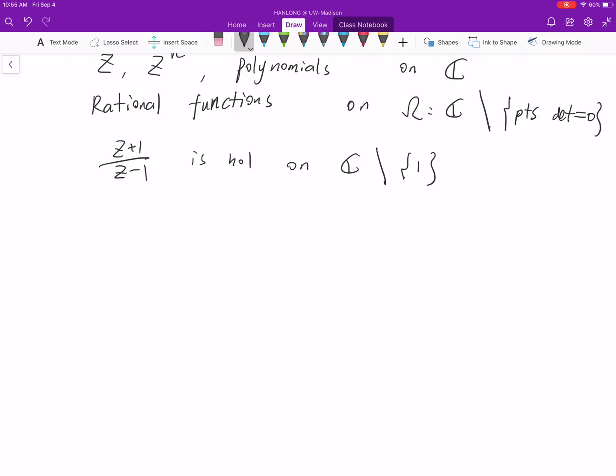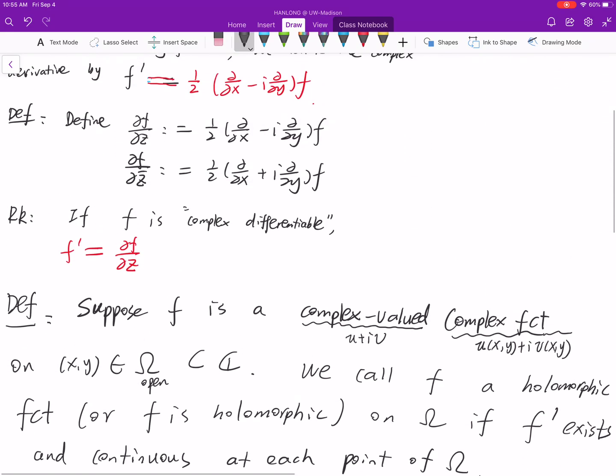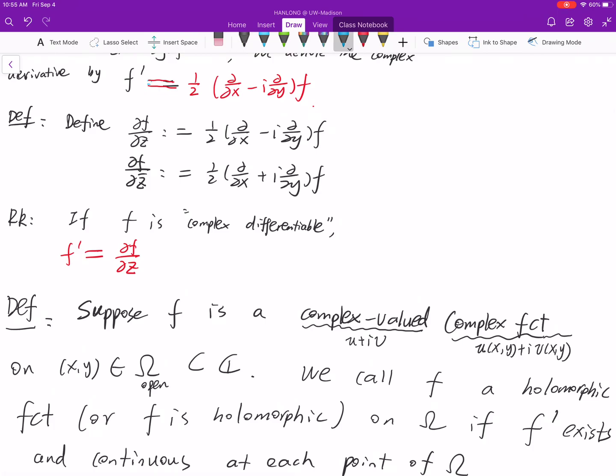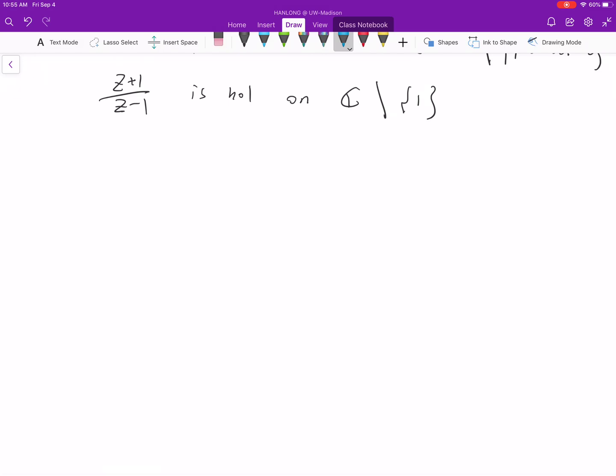Okay, and here we will see the advantage of the definition and the criterion we gave here. So we would like to make a small remark.